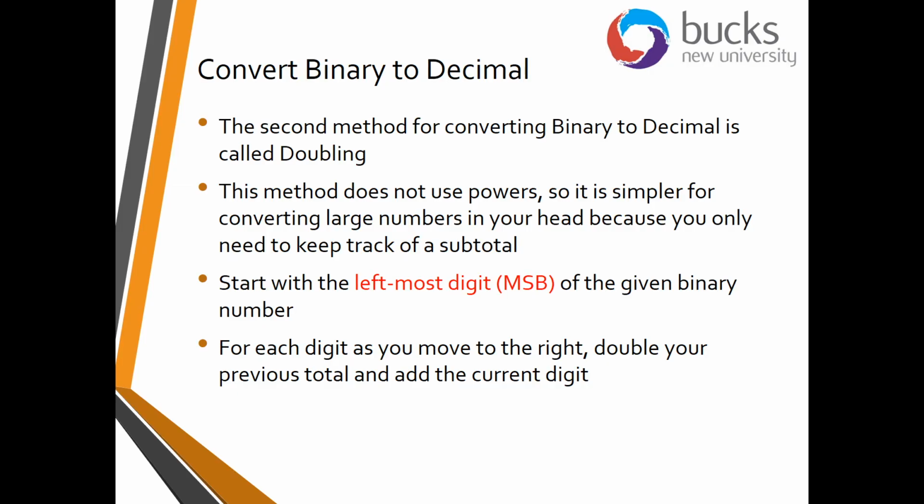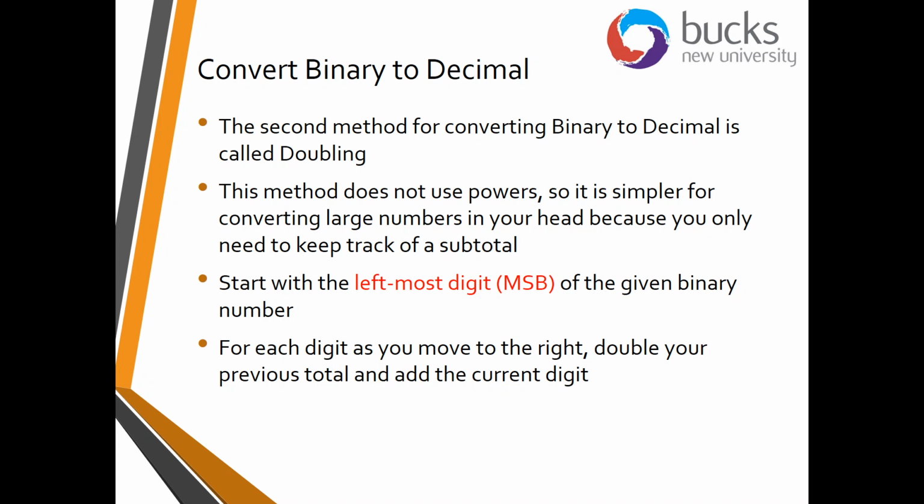The second method that we cover for converting binary to decimal is called doubling. This method doesn't use the powers, so it can be simpler for converting larger numbers in your head, because you only need to keep track of a subtotal. You start with the leftmost digit, which we call the most significant bit, or MSB.